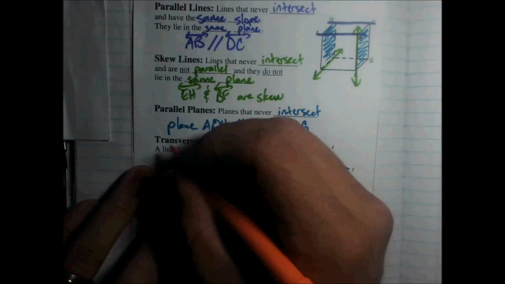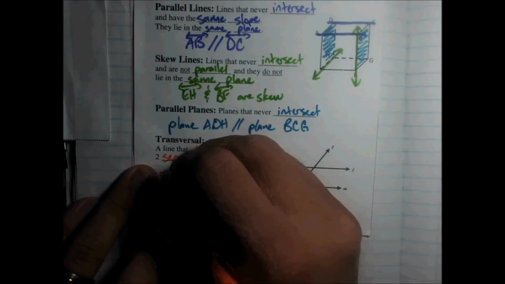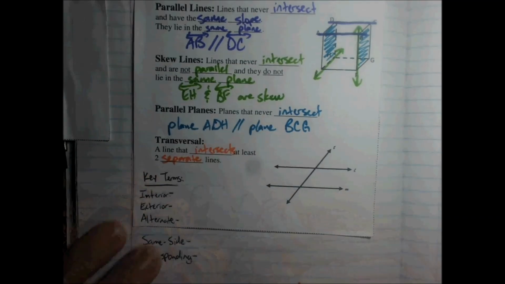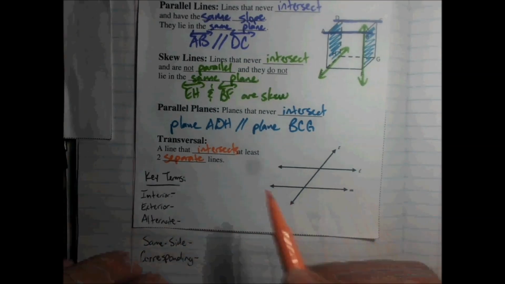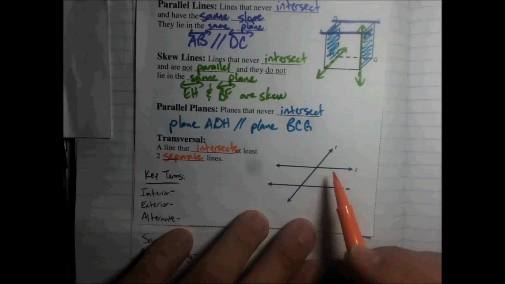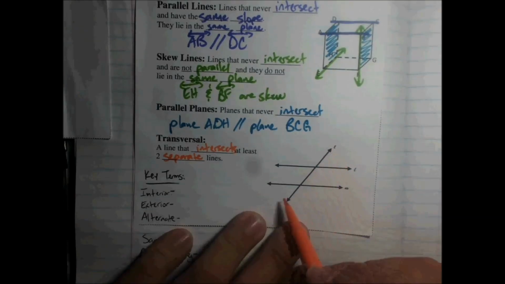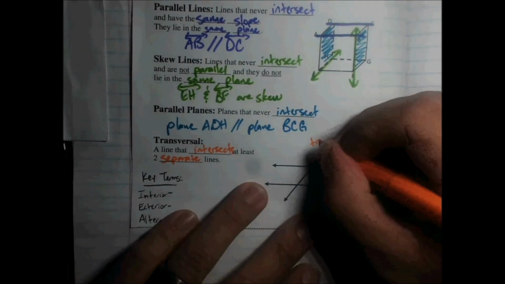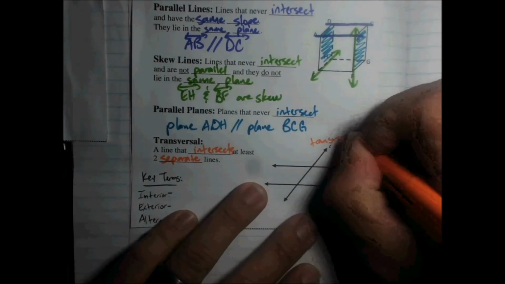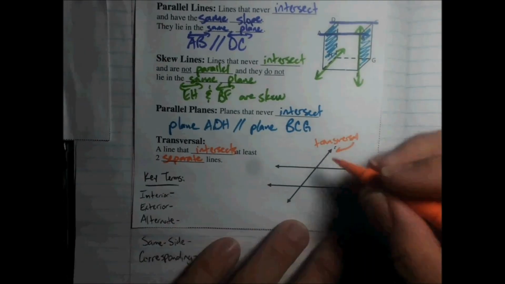So in this case, this T right here, this line is our transversal, and it's really important to have because it does a lot of different things, and we'll see what they are in the next section.